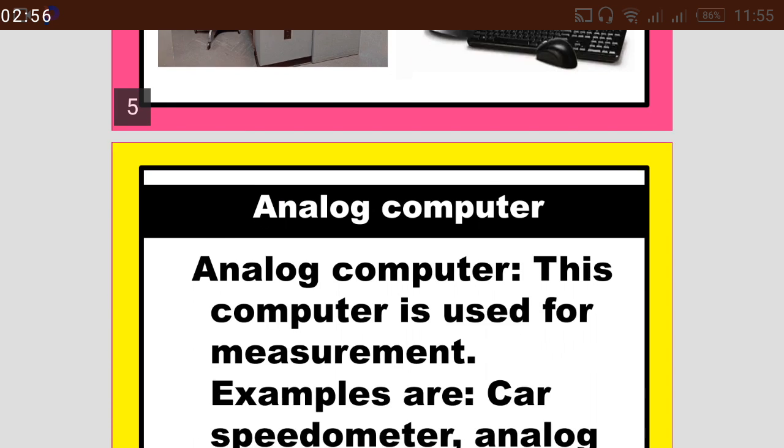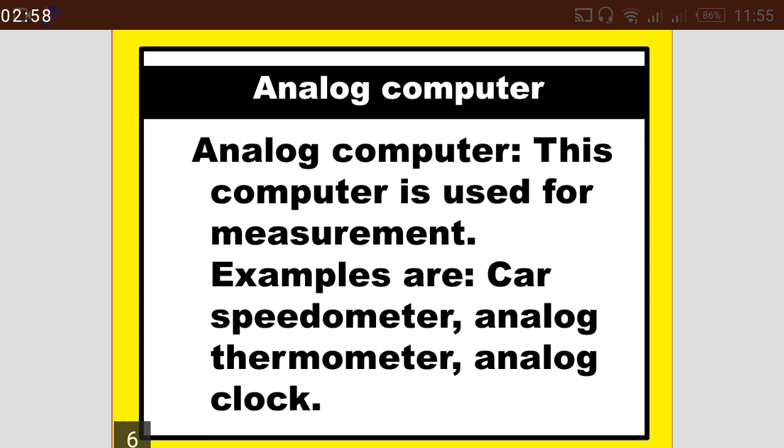All right, friends. Now, let's look at what analog computer is. We can say analog computer is used for measurement. Like, for example, if you look at a ruler, you see that there are some readings on it, letters or numbers written on it for the measurement.